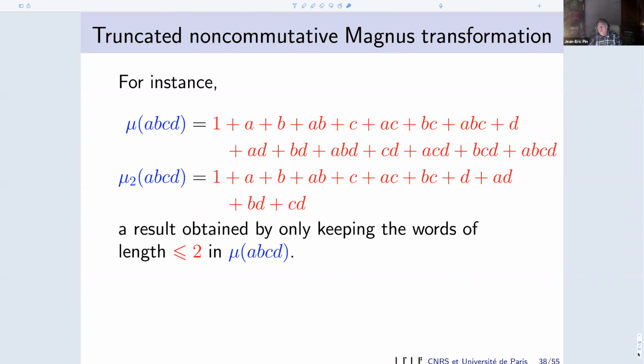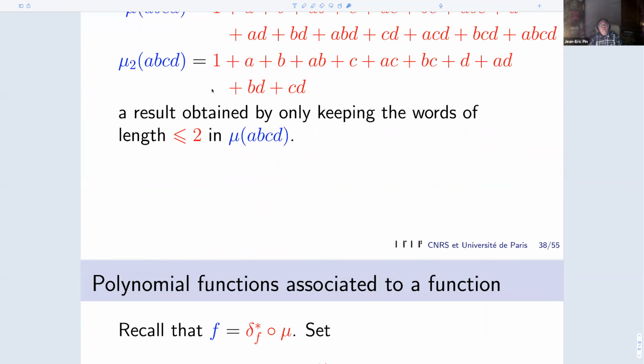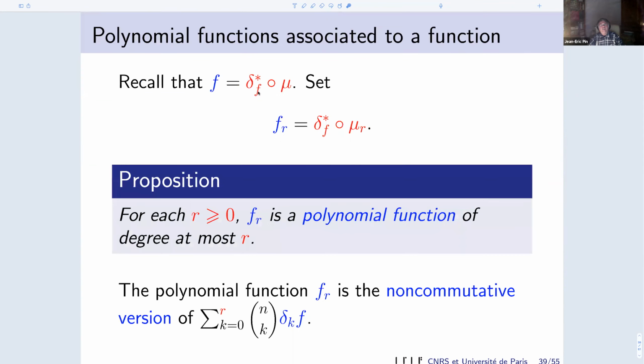And now, using our relation giving f in terms of the delta star f, you truncate by just replacing mu by mu_r in this formula. And the theorem, because it's not totally obvious, is that this f_r turns out to be a polynomial function of degree at most r in our sense.